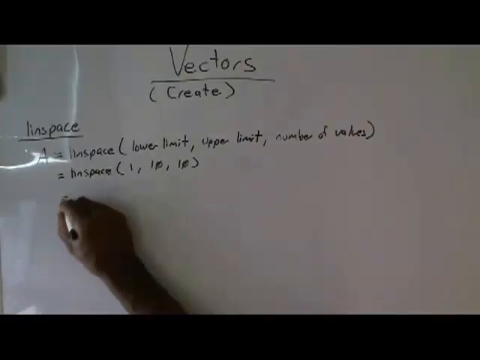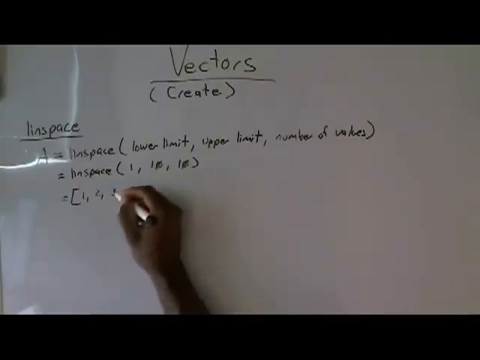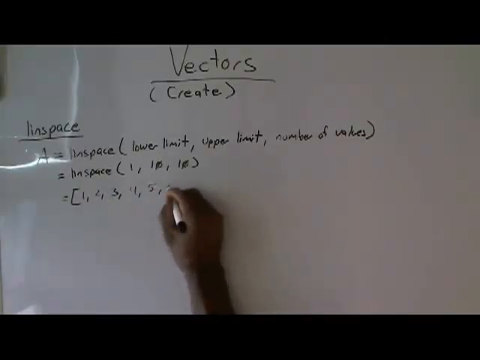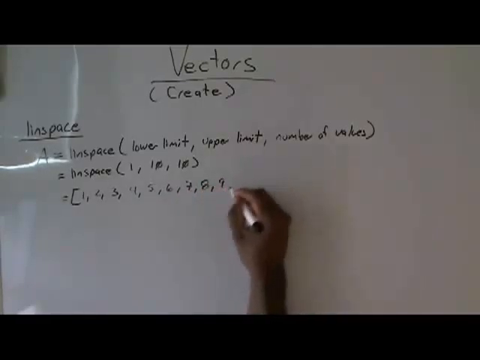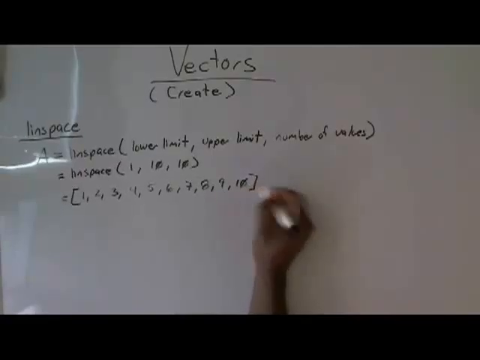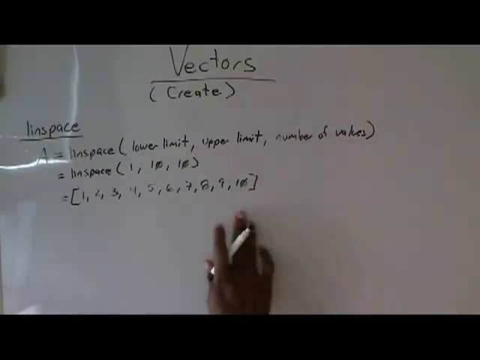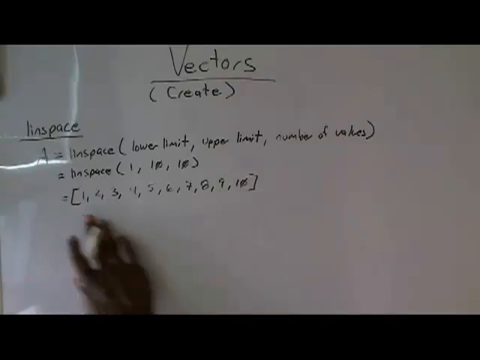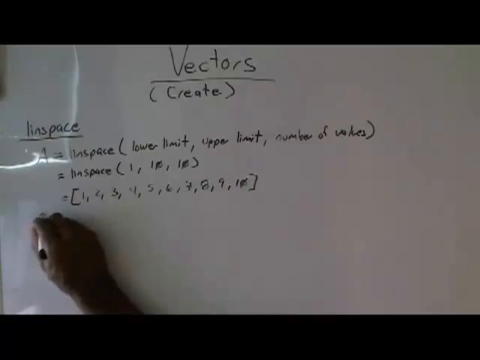And so this is going to be the equivalent of if I had written 1, 2, 3, 4, 5, 6, 7, 8, 9, 10. That's 10 values evenly spaced with a lower limit of 1 and an upper limit of 10.